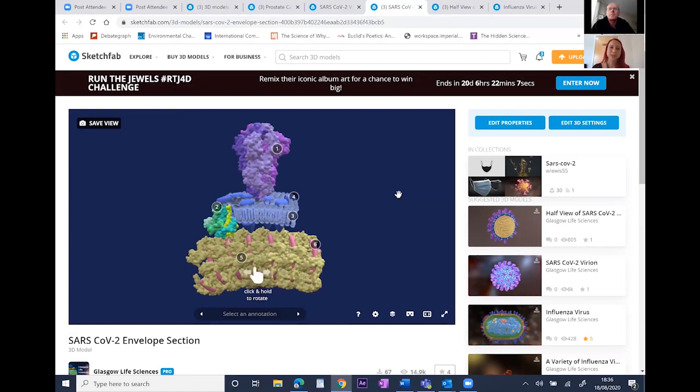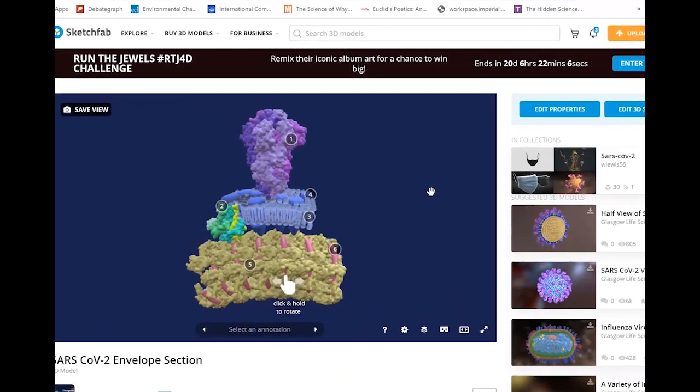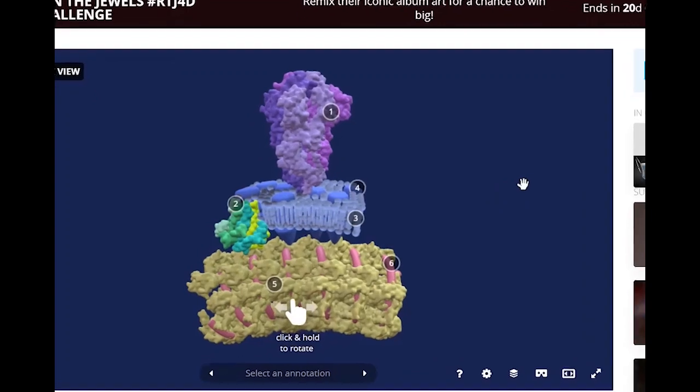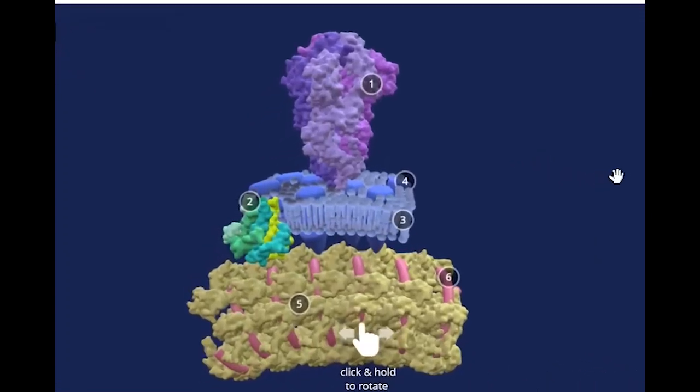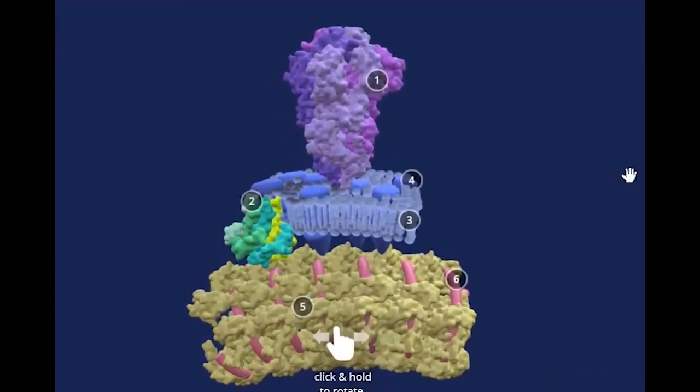Yeah. So it's built to be as accurate as possible, but given that there is still a lot that's not known about the structure of the virus, some of the dimensions and some of the elements of the virus are modeled on other types of coronavirus.